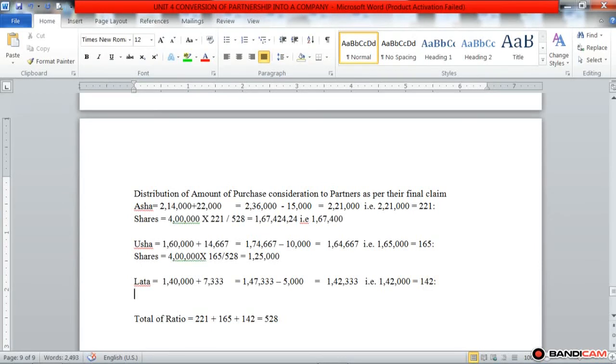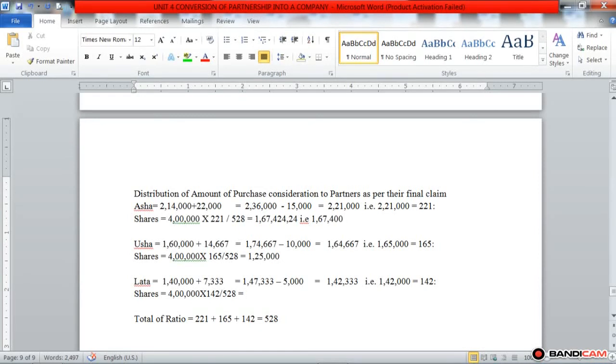Now the amount of shares received by Lata is 4 lakh multiplied by 142 divided by 528.